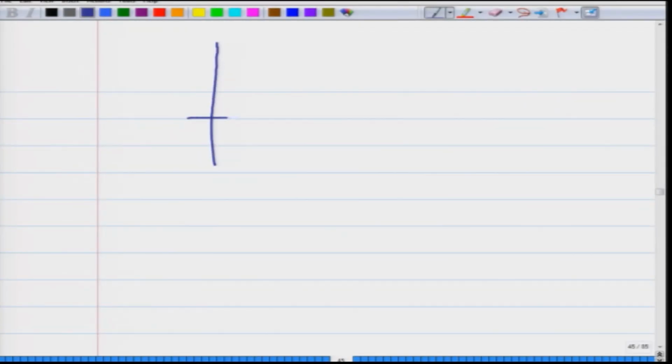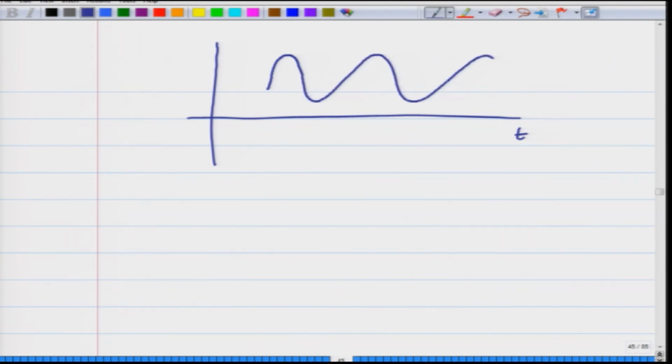Then they also measured the velocity. How they measured it is described in the paper, and they saw that the velocity also changes with time in a periodic manner. This is velocity, let me call it v group, because v group is the particle velocity.